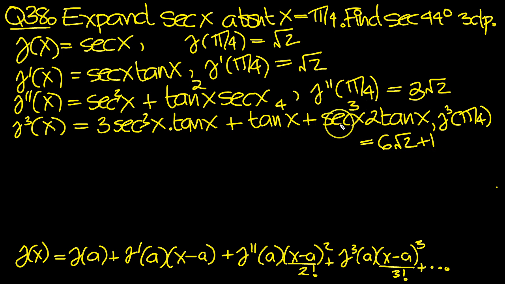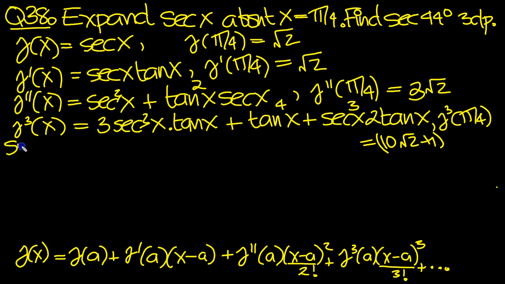And then sec cubed is 2 root 2 times another 2 is 4 root 2 times 1. So that's plus 4 root 2. So altogether we've got 10 root 2 plus 1. So let's just put that down as such. So it's 10 root 2 plus 1. So that's what we've got there.